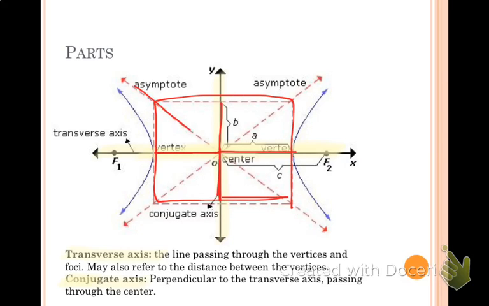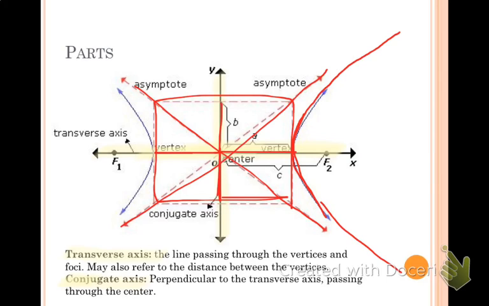And then when you draw a line so it passes through the diagonals of the rectangle, you get the asymptotes of the curve. So this hyperbola is going to come down, it's going to touch the vertex, and it's going to never quite touch that asymptote.